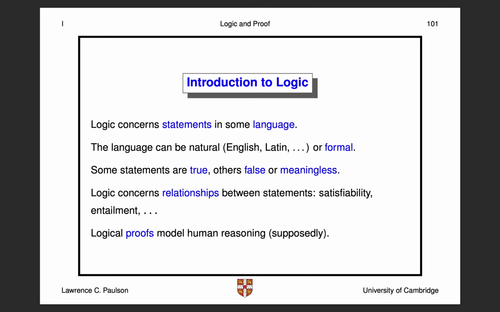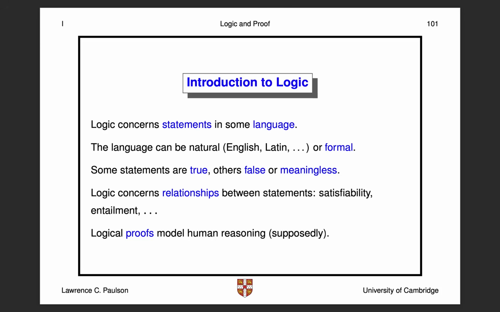It turns out we're not only interested in statements being true or false, it really is necessary to talk about the relationships between statements, statements implying other statements, or statements in relation to other statements, whether they can both be true at the same time, whether when one is true, another is true, and so on.